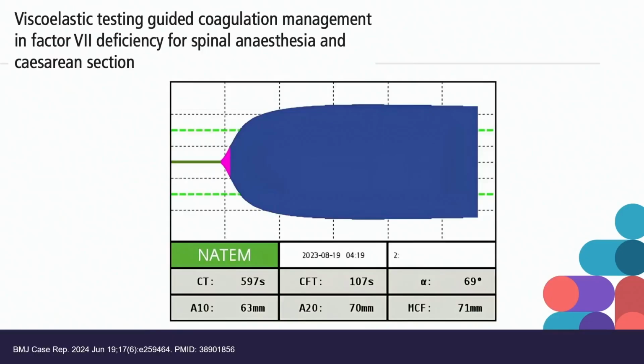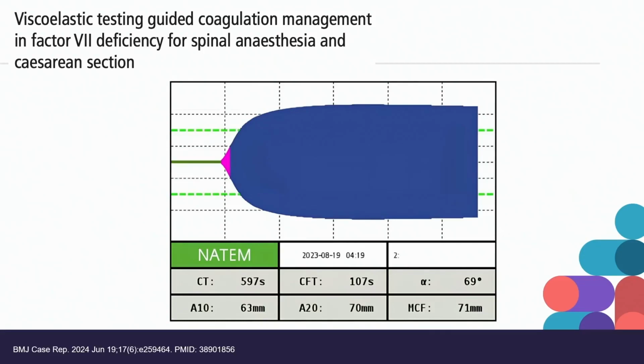What about the use of point-of-care testing for this? This was actually from a case report of a gravid patient coming for C-section who had congenital factor VII deficiency. They didn't report the INR in this patient, but the factor VII level was measured at 30%.